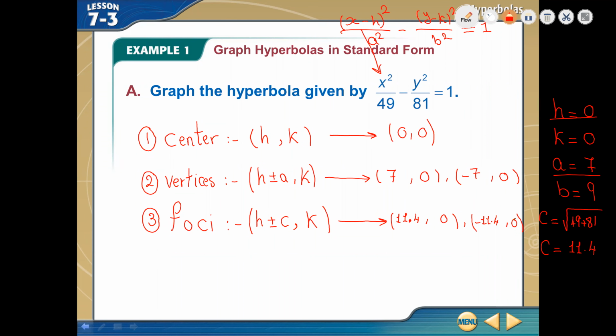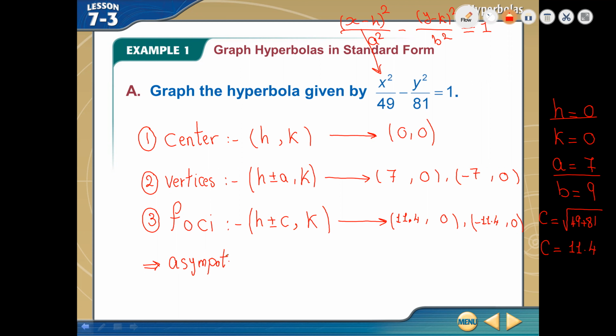We get the foci. The last thing, the new concept here, is the asymptote. Who can remember with me the asymptote?